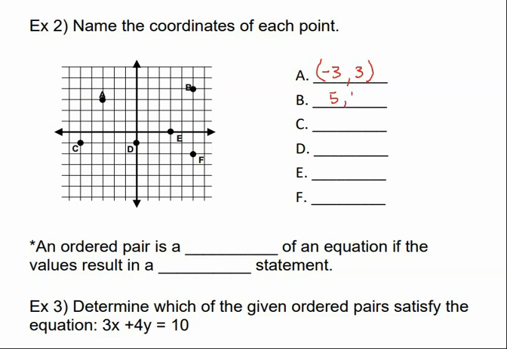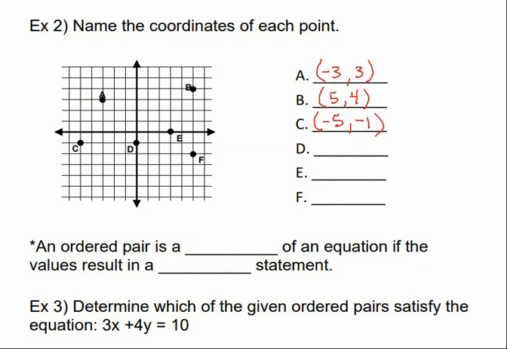So again, that's a positive since we went up 4 and put it in parentheses. Okay, for C, C is over here. If we start at 0, 0, we're going to the left, which is negative 1, 2, 3, 4, 5. All right, so a negative 5. And then we go down 1, so that's a negative 1.